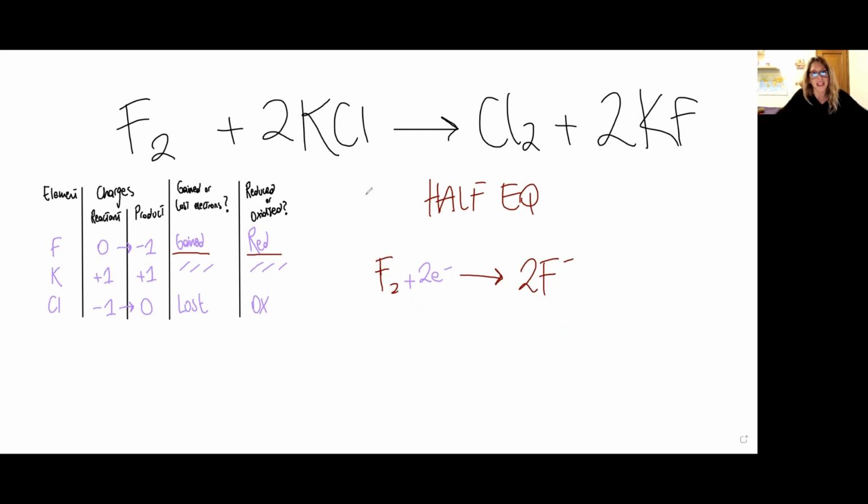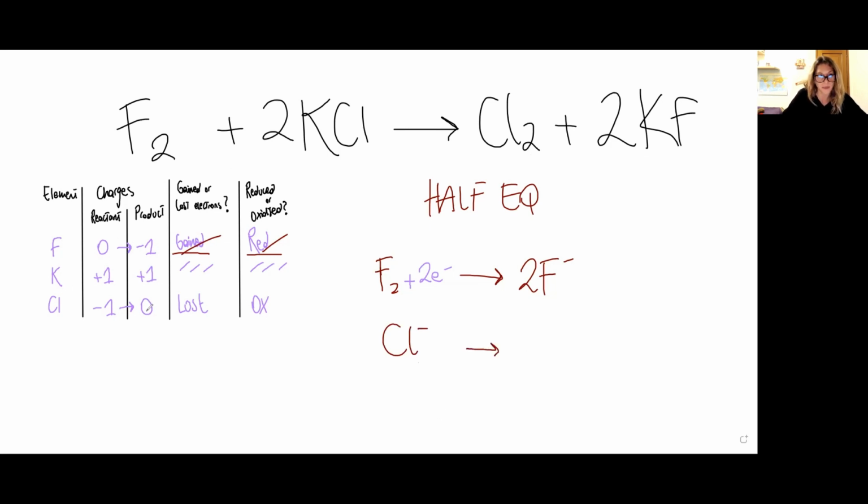So let's do the second half equation for this. Again, the same thought. What has been oxidized or reduced? Well, we did the reduced, so let's look at the oxidized. It's chlorine. How does chlorine exist as a reactant? We said here it has a charge of -1, so it's chloride, Cl-. How does it exist as a product?